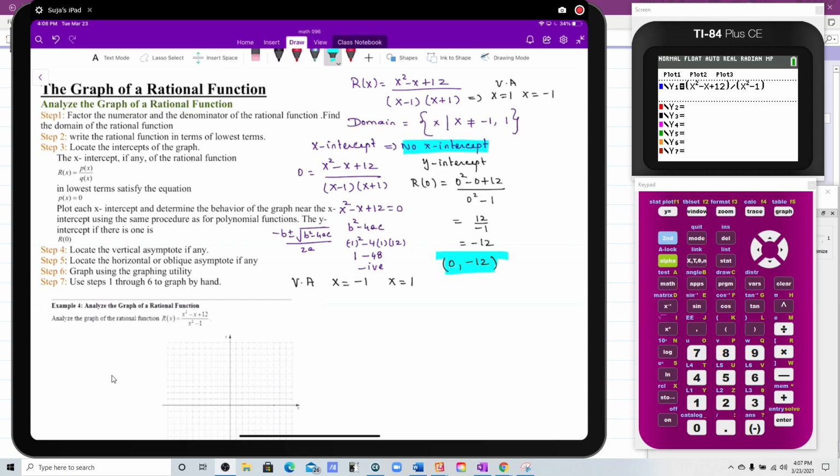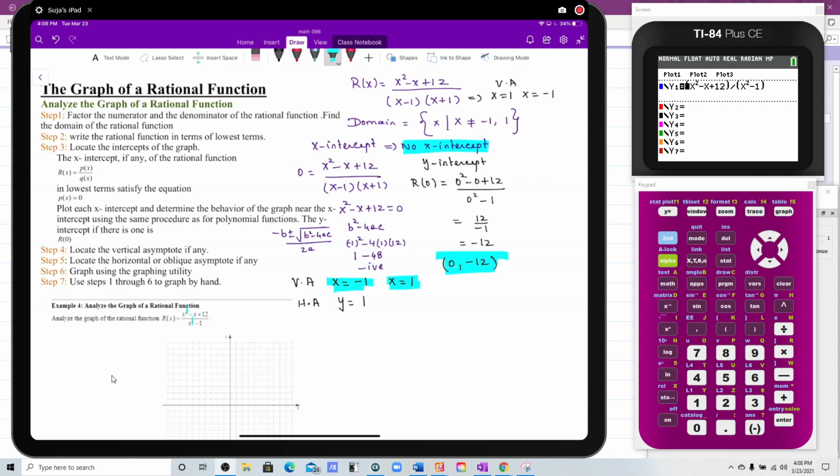So these are my vertical asymptotes, which I will need for graphing. Now I need to identify if it has a horizontal asymptote or an oblique asymptote. Again, because the degrees of the numerator and denominator are the same, it has a horizontal asymptote, and it's going to be y equals 1 over 1, which is 1.